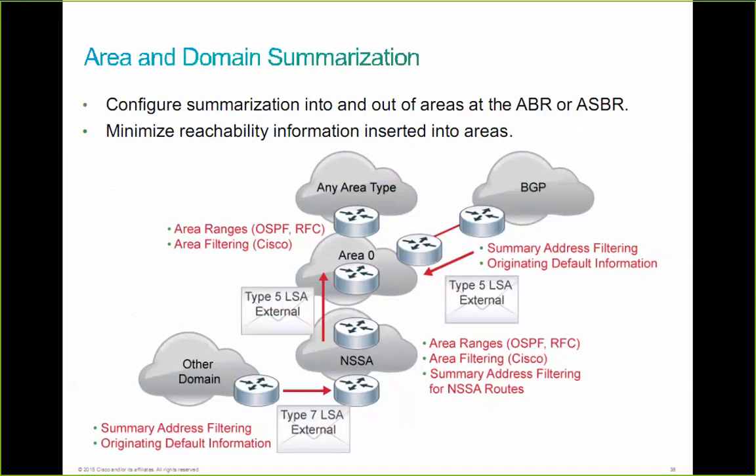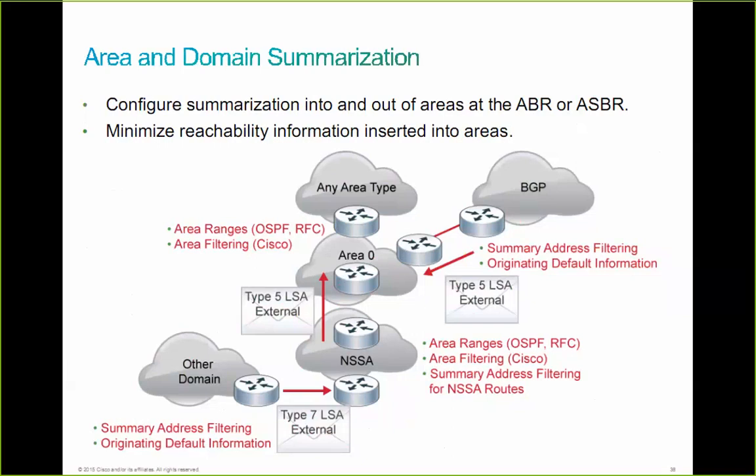The goal is to minimize route information that gets inserted into an area. Now, when you're doing this, there are a few guidelines that you should plan on in your OSPF network. Number one, configure the network addressing scheme so that the range of subnets that get assigned within an area is contiguous. That's a very important concept.